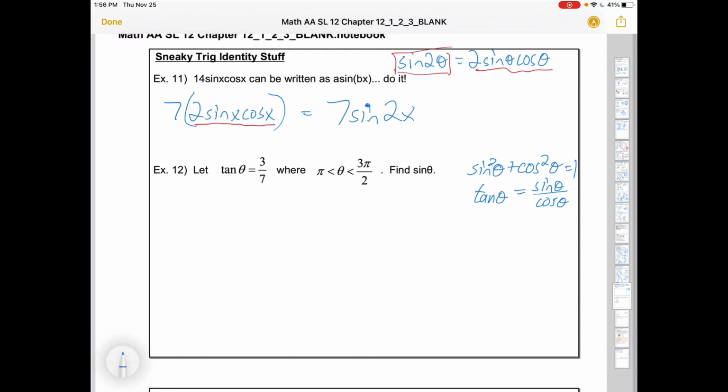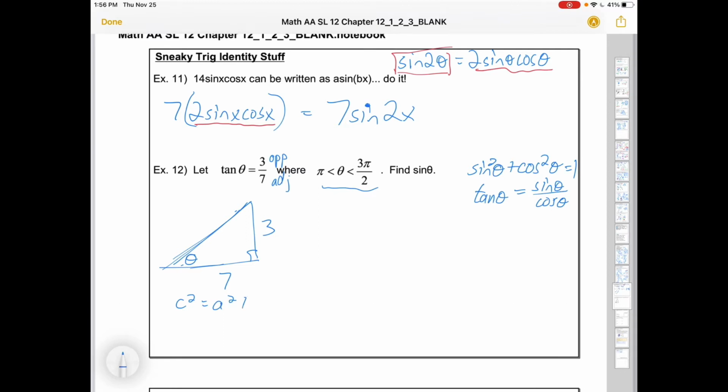I think what you should do in this case is think about just basic old grade 10 trigonometry, right-angled trigonometry, and we'll deal with the quadrant later. So if this is the angle, tangent is opposite over adjacent, so it would be 3 over 7. And I could figure out this hypotenuse, which I'm going to need to find sine, by using straight-up Pythagorean theorem.